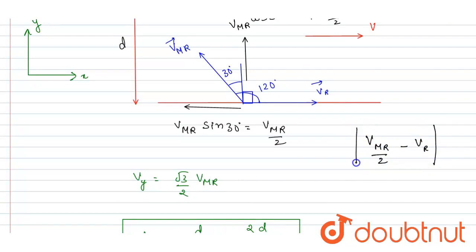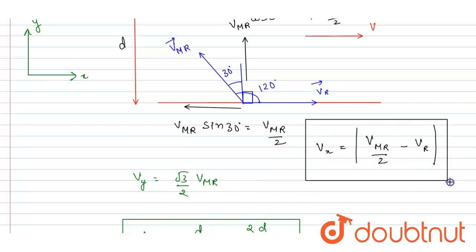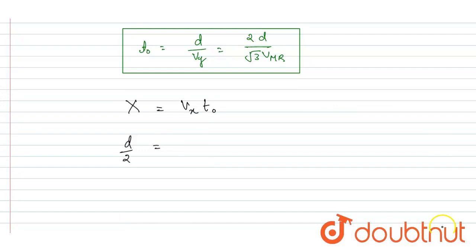I will keep a mod sign here because we don't know which one is more, VMR or vr, right? So I will put the value of vx here, and velocity of the river is given, it is v, into t naught. Put the value of t naught from here, right?